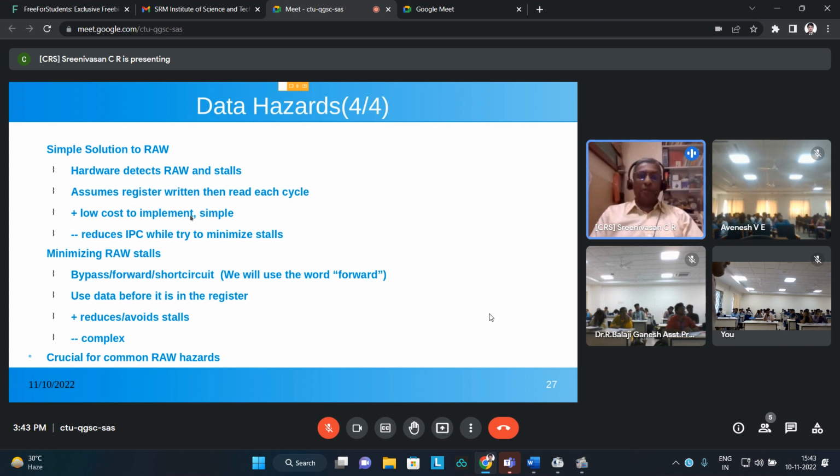This is low cost to implement and very simple, and it reduces the inter-process communication within the microprocessor to minimize stalls. Similarly, to minimize RAW stalls, you can bypass, forward, or short circuit. In computer science terminology, we normally call it forward. Forward it to another register and let it compute there, right? These are crucial for read after write hazards, which can be managed.